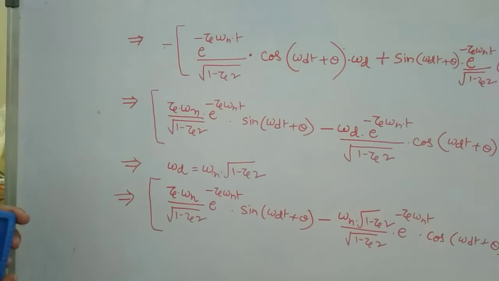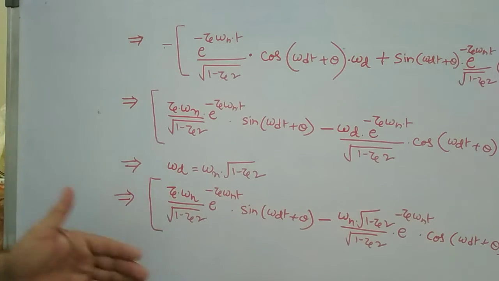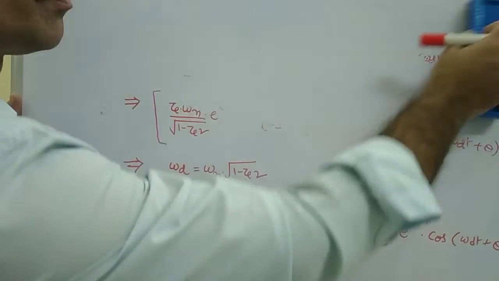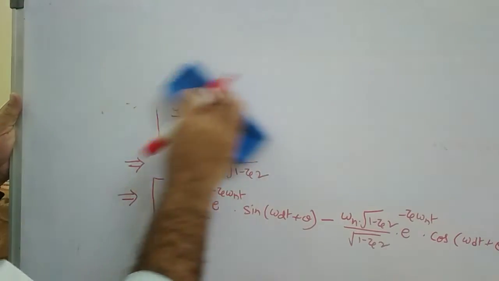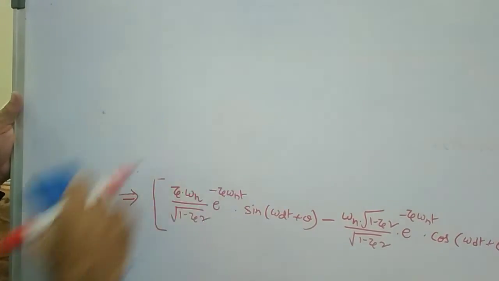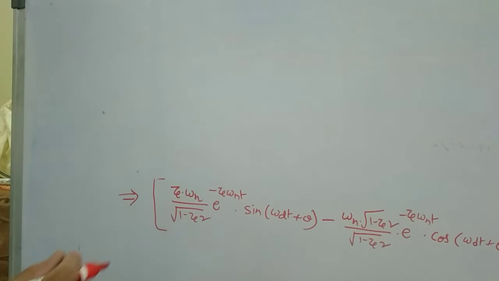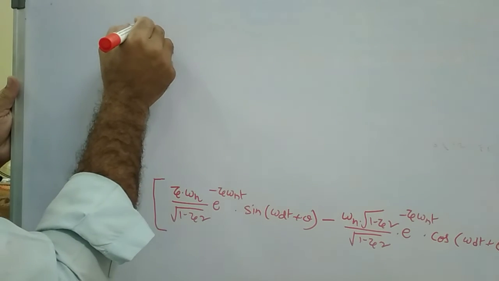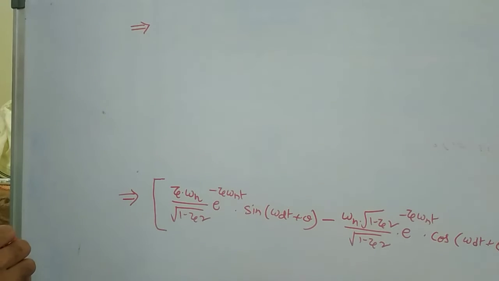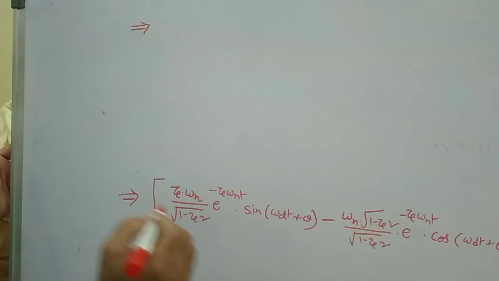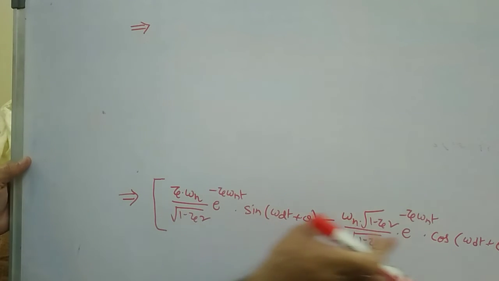Clear? Following? So the next step is, this implies, you do one thing. You write some term as common here. This is the first term, this is the second term.